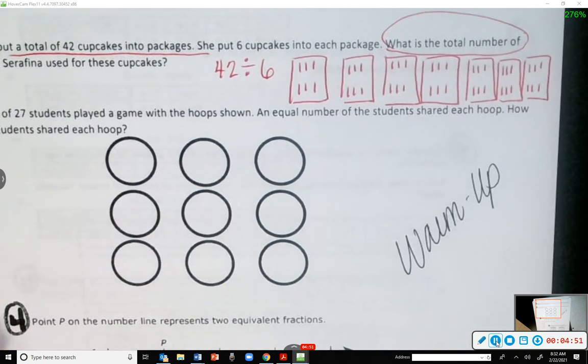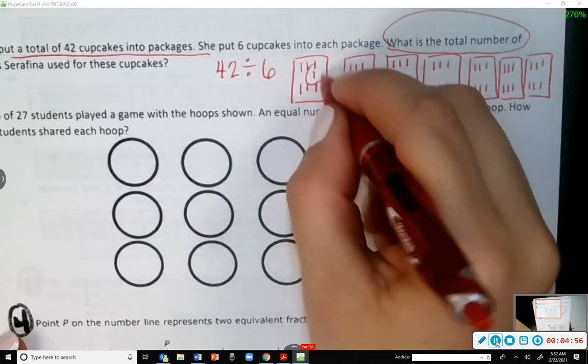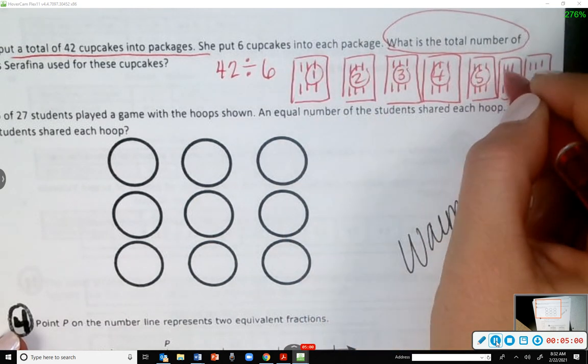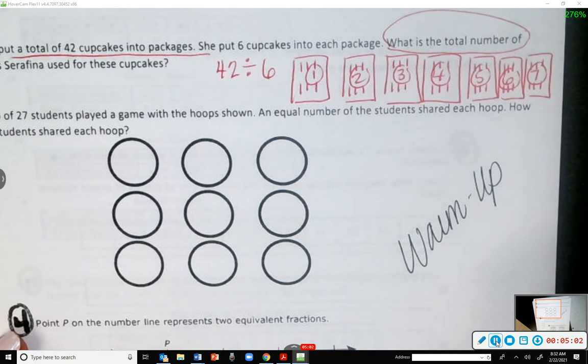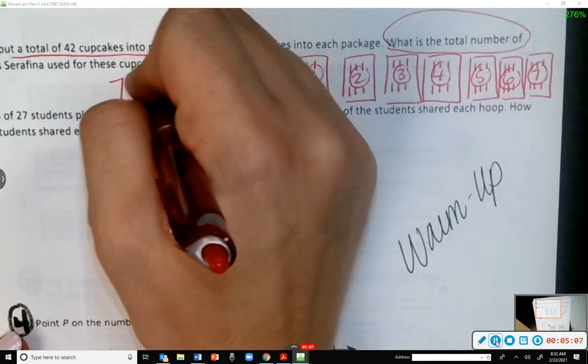And then how many packages did I make? 7. I made 7. 1, 2, 3, 4, 5, 6, 7. So 7 is your answer. 7 packages.